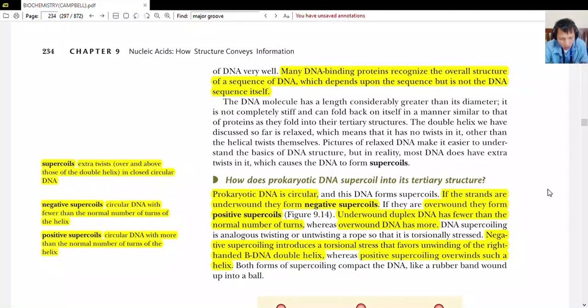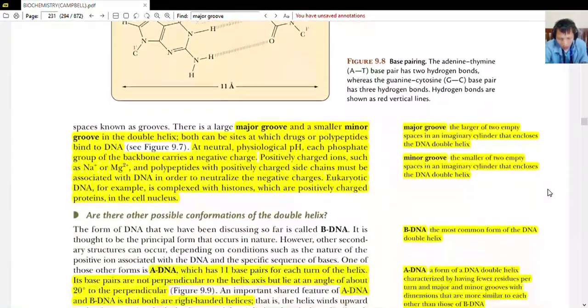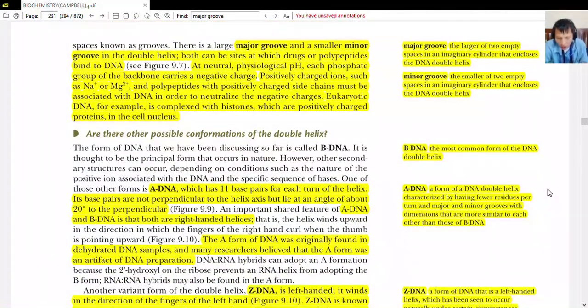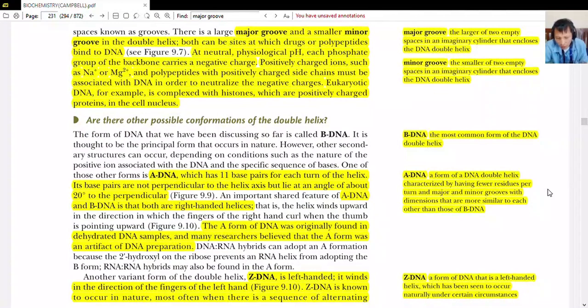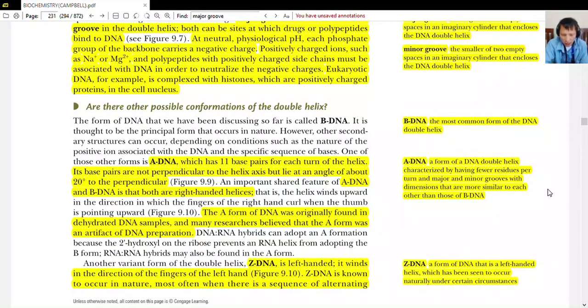then we go back to our discussions. Next, actually: are there other possible conformations of the double helix? The answer is yes, there actually are. The book starts by discussing the conformations of a double helix.